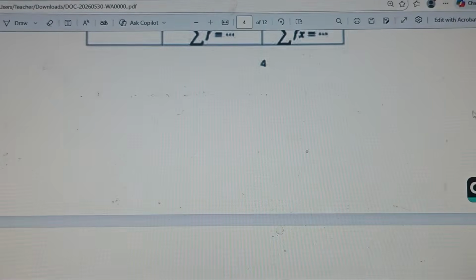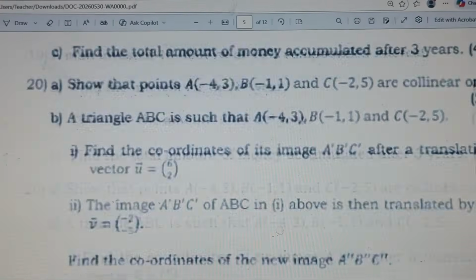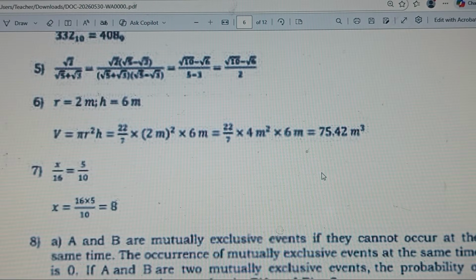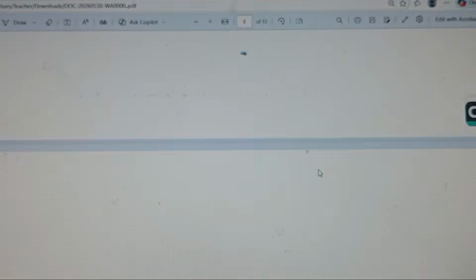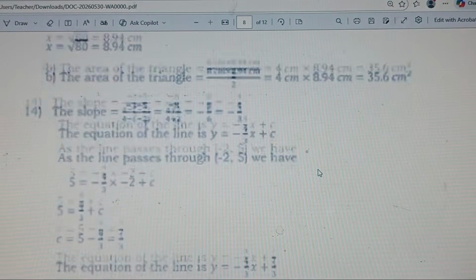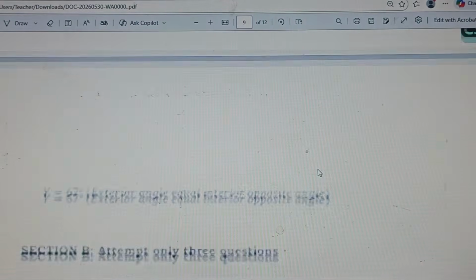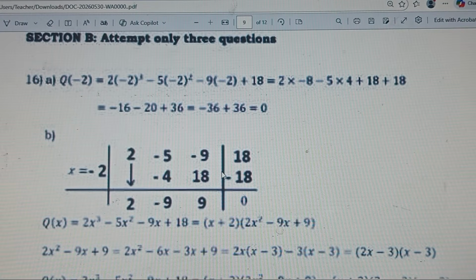Let us continue with question number 16. This is also a question related to polynomials in senior 2. We are asked to replace the value of x with negative 2. Then you substitute, and you get 0, which means the first root of that polynomial is x equal to negative 2.